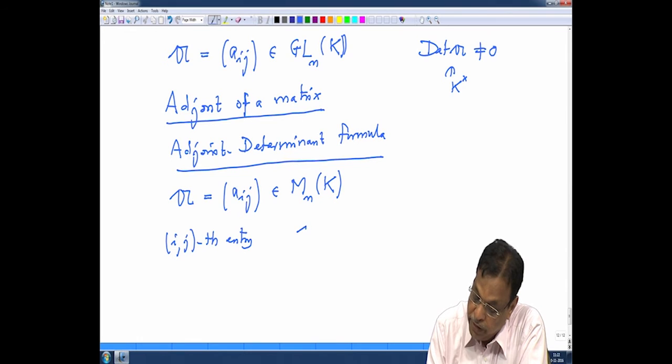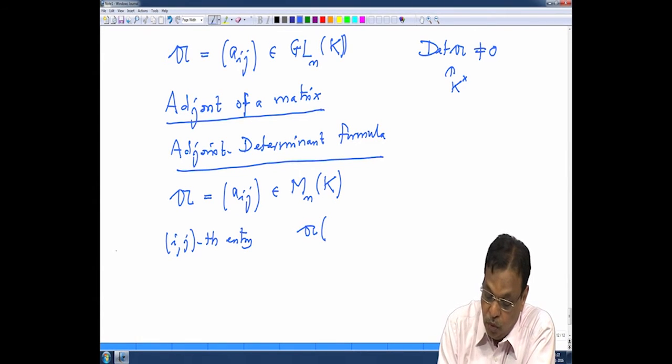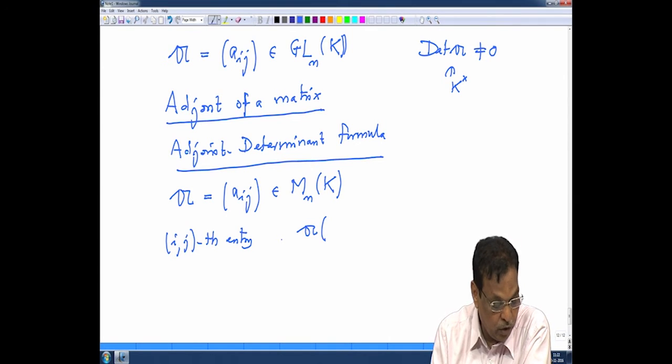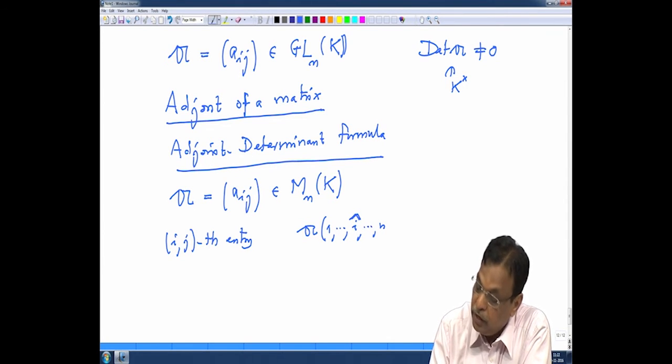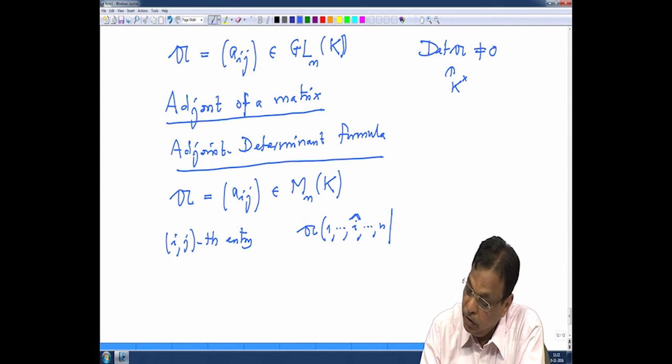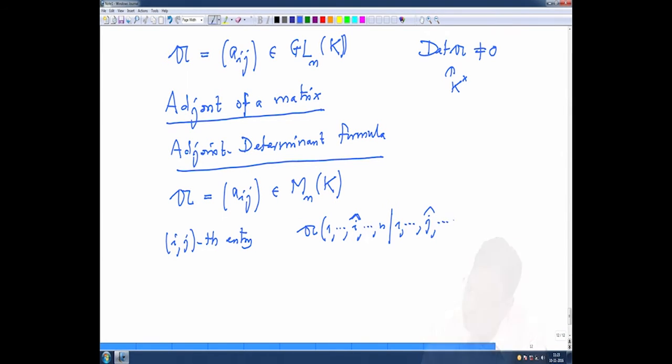And from the matrix A, I remove the ith row and jth column. The notation is: rows 1 to n, and I put a cap on i. This means I have removed the ith row. Similarly, for columns 1 to n, with a cap on j, I have removed the jth column. So, I got n minus 1 rows and n minus 1 columns. So, I got a square matrix of order n minus 1. So, this is a matrix in M n minus 1 K.